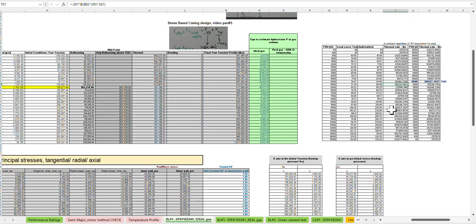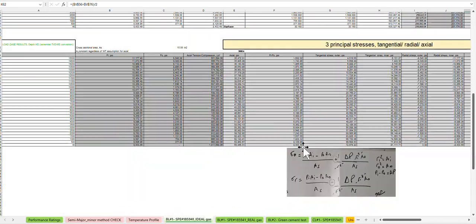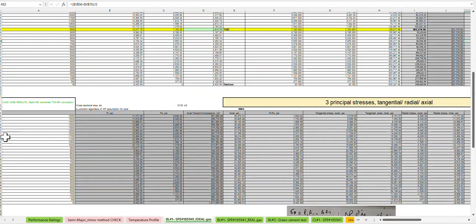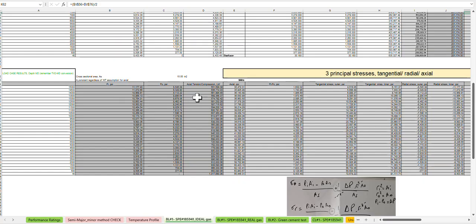So we calculate that, and then we have the initial conditions plus ballooning plus the thermal. In this case, bending is 0, it's a completely vertical well, and you end up with the final true tension profile.